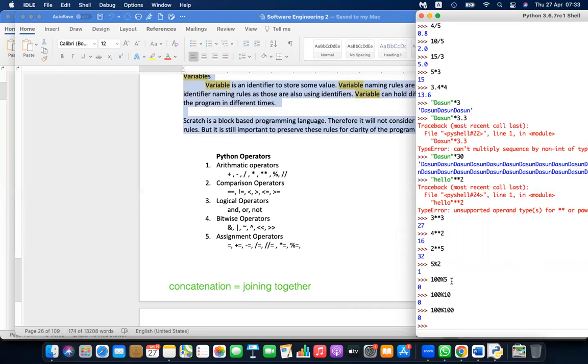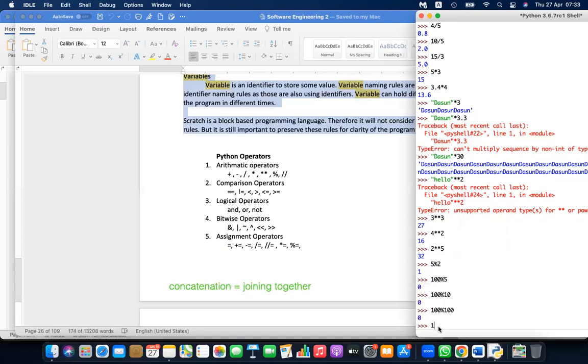Divided by 5 is 20. What is remaining? Nothing remains, right? Because it's exactly divisible. 100 divided by 10, value is 10, nothing remains. 100 divided by 100, again exactly divisible, nothing remains. So, remaining is 0 in all these cases.